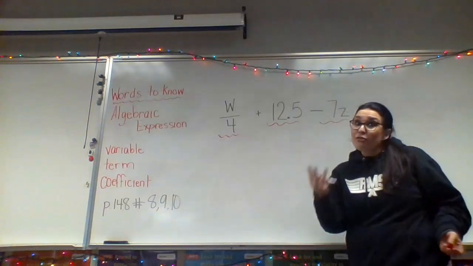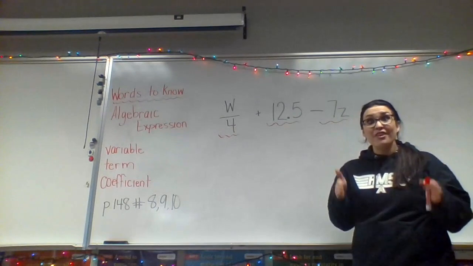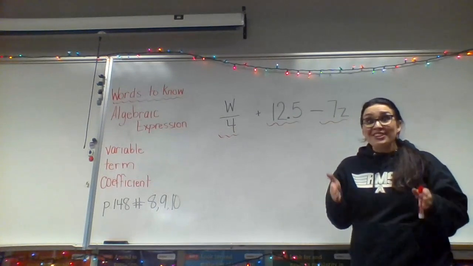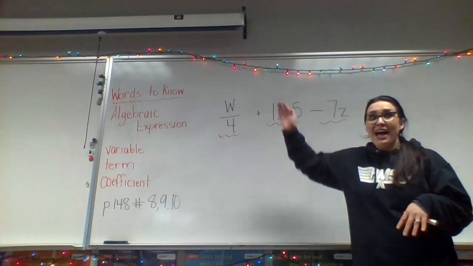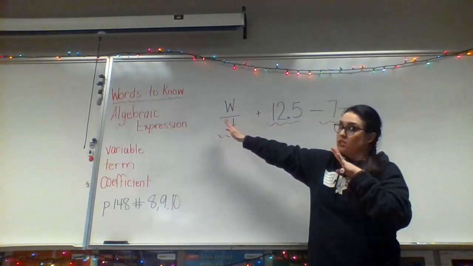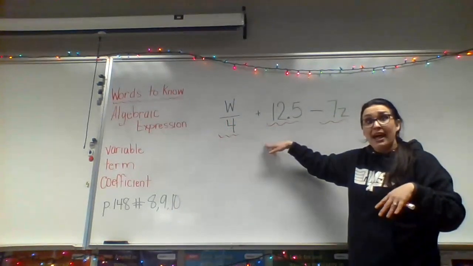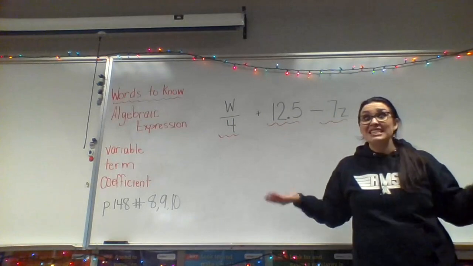We have 3 terms because there's 3 different parts of our algebraic expression that are separated by either the addition or subtraction sign, right? So we have w divided by 4 plus, that's your hint that it's a new term, 12 and a half minus another term, 7z.